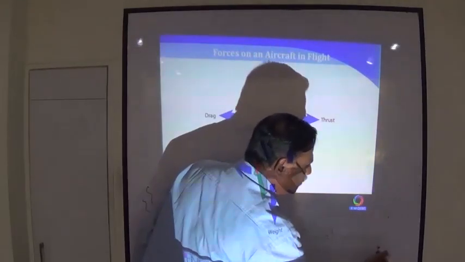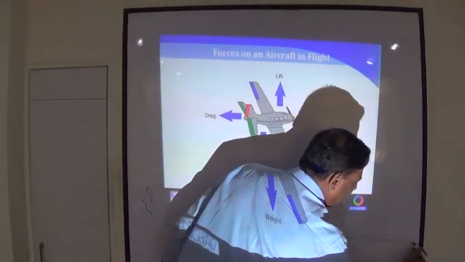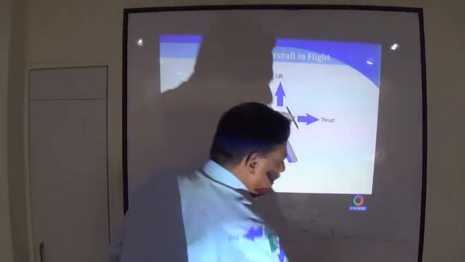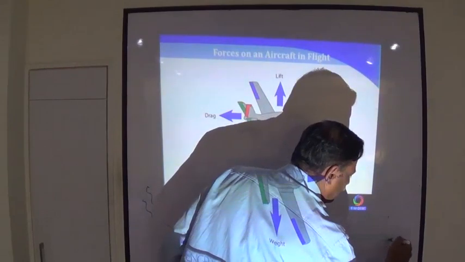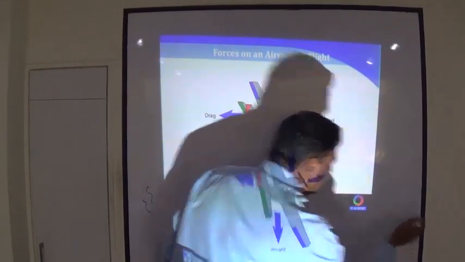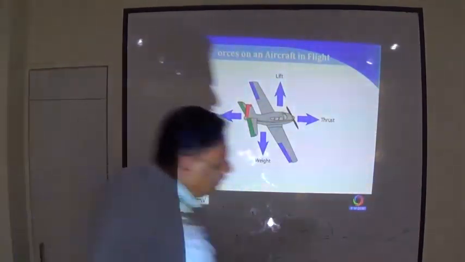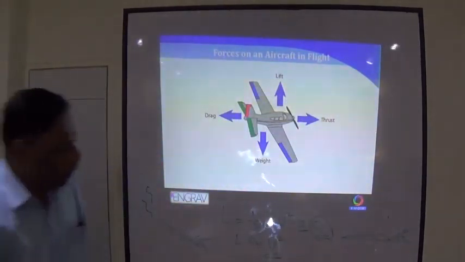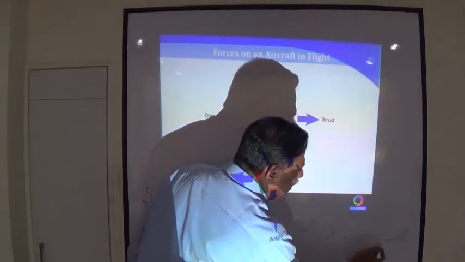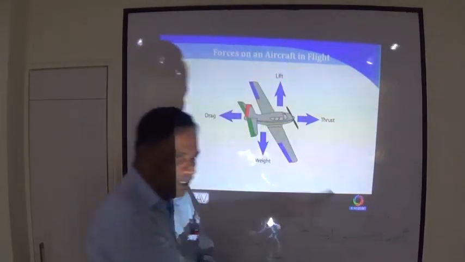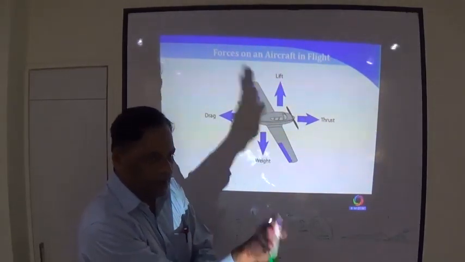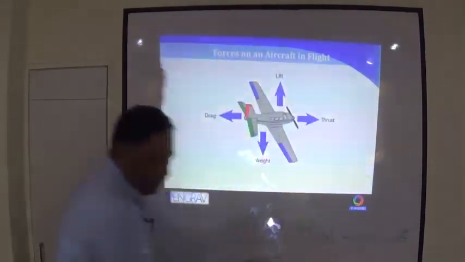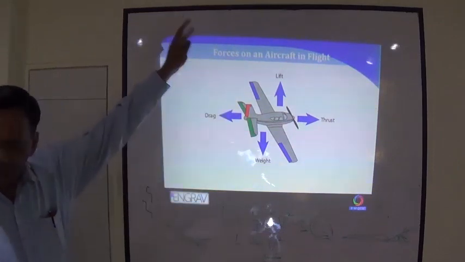When I am moving forward, let's say this is the level at which my wing is traveling, and this is the direction in which the air is coming. This is called the angle of attack. If I increase the angle of attack, then my CL, the coefficient of lift, increases.